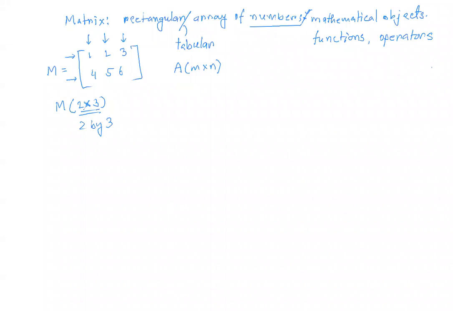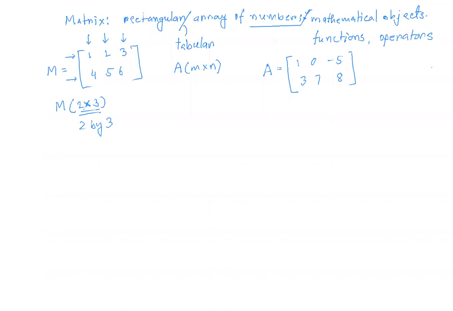Okay. Now, so let's say we have a matrix A: 1, 0, -5, 3, 7, 8.